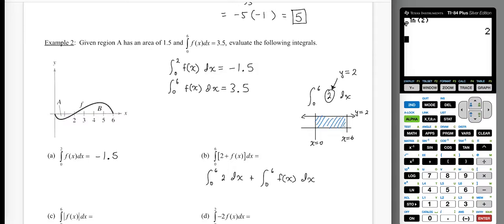Well, it has a base value of 6 and a height of 2, so it must have an area of 12. So a nifty little shortcut when it comes to constants is if you find the difference between the boundaries of integration you just multiply that by the integrand and you have it. All right, so the 12 added to the 3.5 is going to give me 15.5.